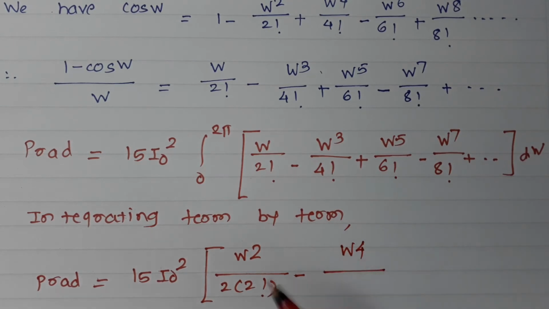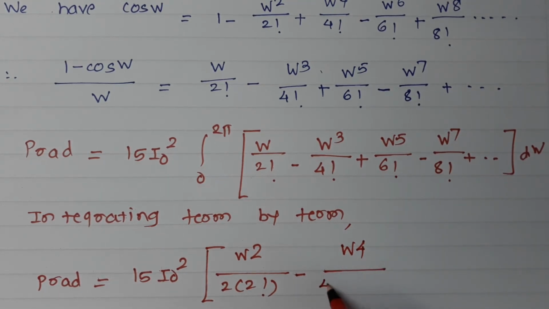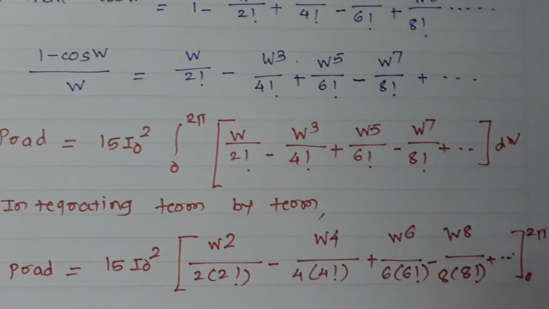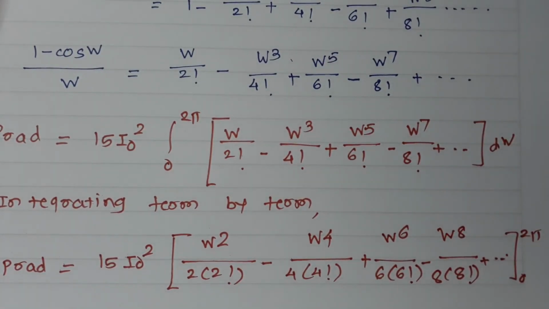So integrating term by term, it will be P radiated is equal to 15 I0 square, w square by 2 factorial minus w to the 4 by 4 factorial plus w to the 6 by 6 factorial minus w to the 8 by 8 factorial and plus so on, from 0 to 2 pi. So this is how we are going to get the P radiated if we are going for further simplification.